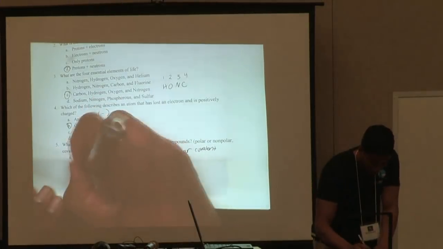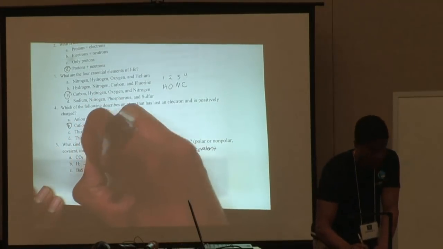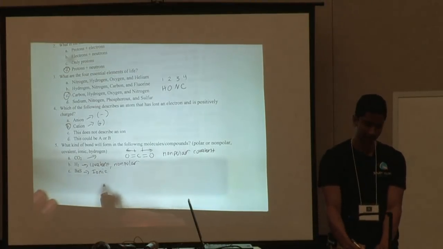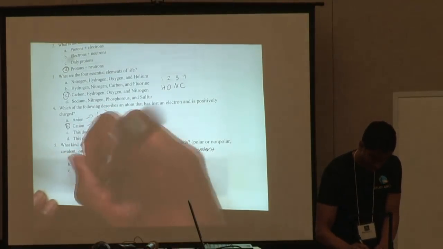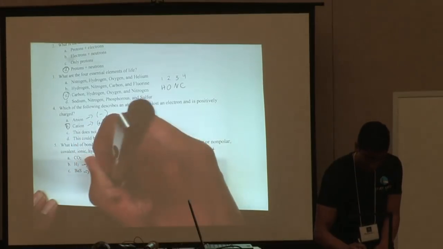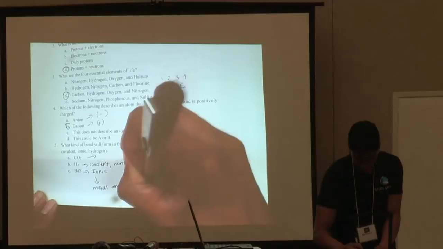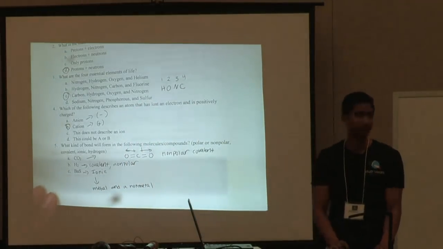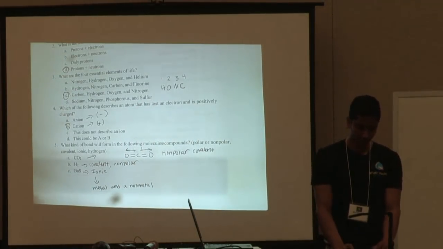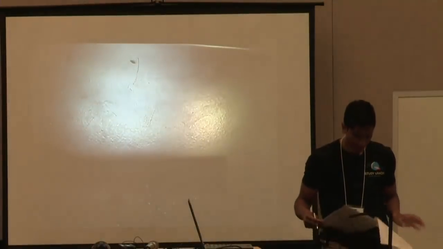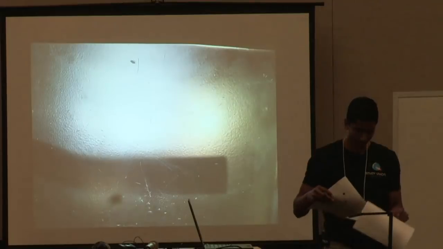Ionic, good. So covalent is between 2 nonmetals, and ionic is between a metal and a nonmetal. Does it make more sense? Yeah.